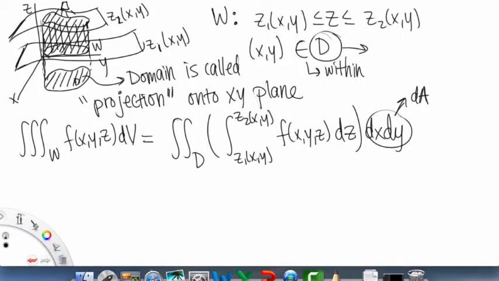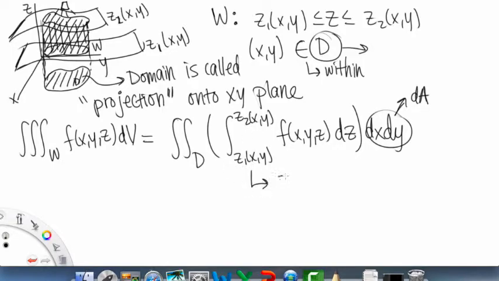But in this case, as opposed to the other simpler case of integrating over a box where all of the bounds were constants and z was bounded by constants as well, now z is bounded by functions depending on x and y. Okay, so that's the big crucial difference here.